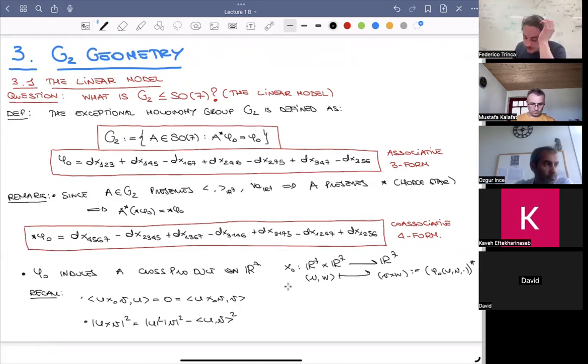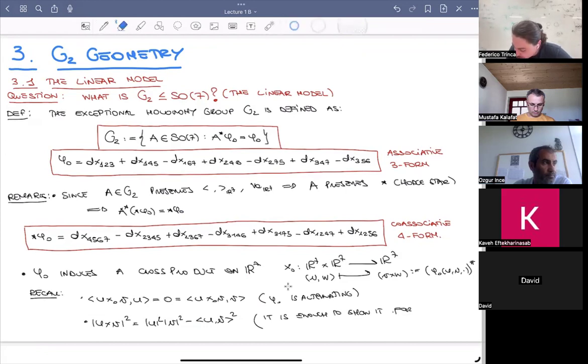In order to prove the first condition, all you have to do is look at the definition, and since phi0 is alternating, this is obvious. For the second one, it is enough to show it for u and v orthonormal, and at this point you can convince yourself by looking at the formula for phi naught.